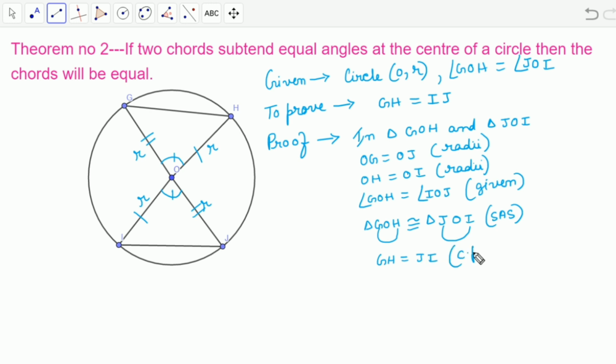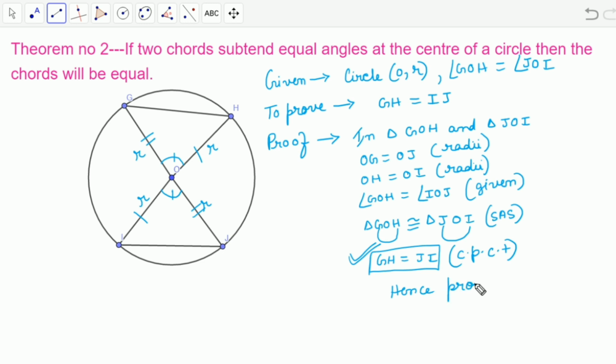The reason being, if two triangles are congruent, then the corresponding parts of the two congruent triangles are also congruent, and the two line segments can be congruent only if they are equal in length, and thus these two are equal. These are the chords GH and IJ, and they are equal. Thus we have proved what we had to, right?